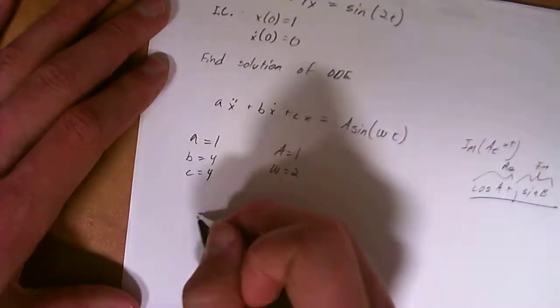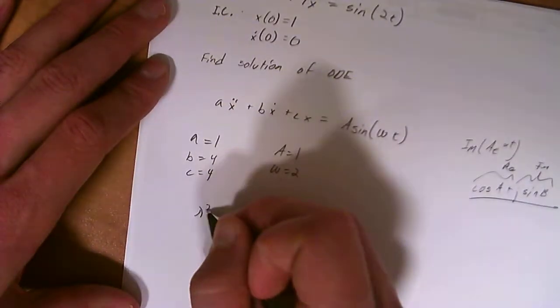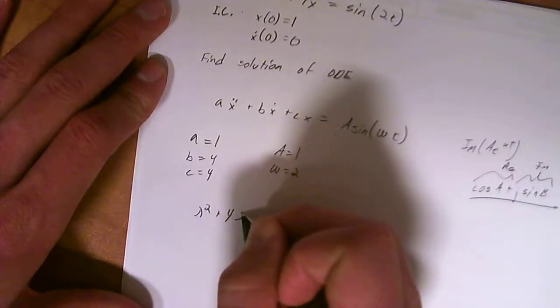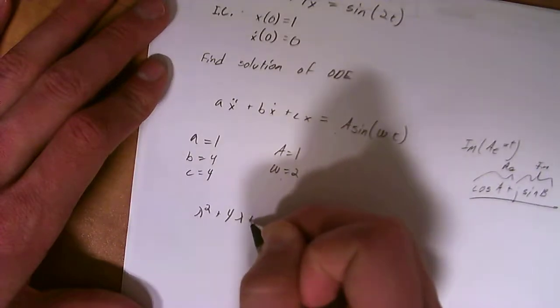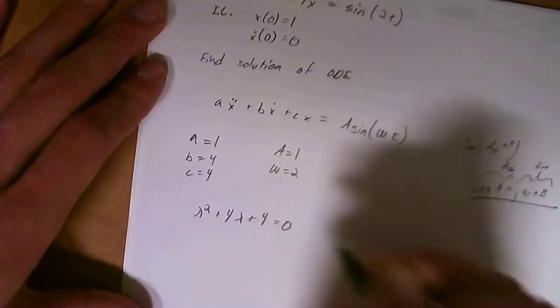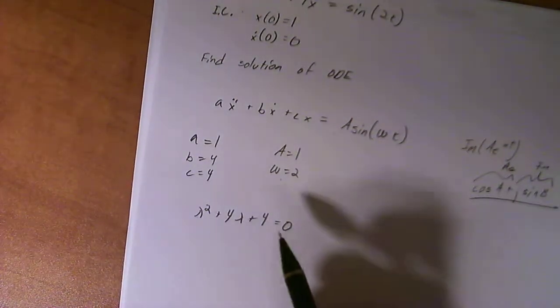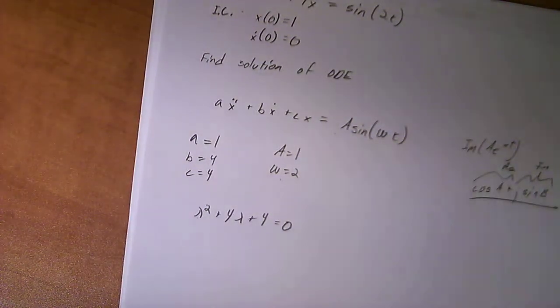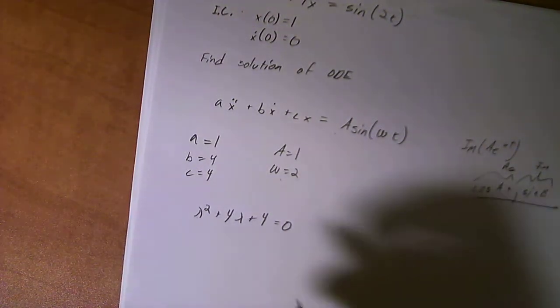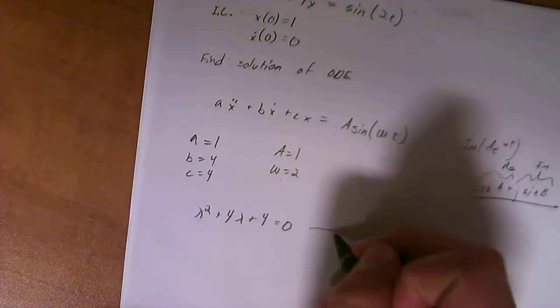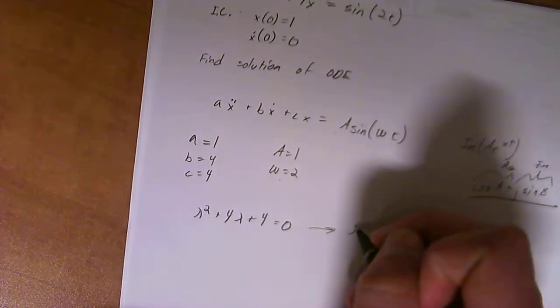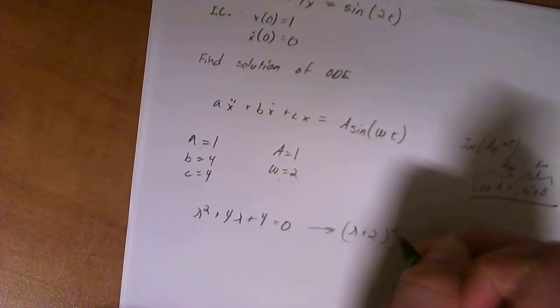Alrighty, so now we rewrite this equation again as a characteristic equation, lambda squared plus 4 lambda plus 4, which is equal to 0, where each dot is related to a lambda, and it's basically just a placeholder. So if we factor this, you get lambda plus 2 squared.